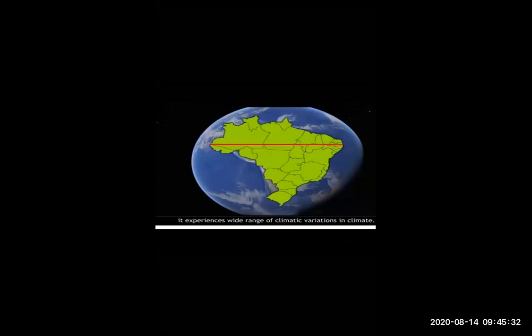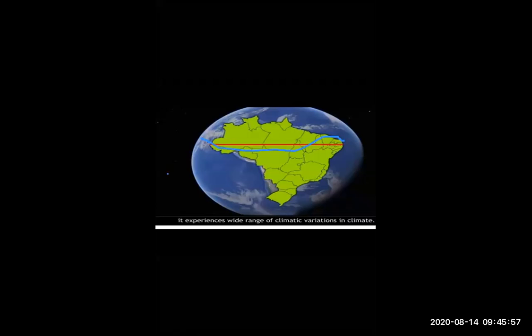First of all, Brazil has a latitudinal extent. If someone asks you in which extent Brazil is, the answer should be that Brazil has a latitudinal extent. Because of this, it experiences a wide range of climate.